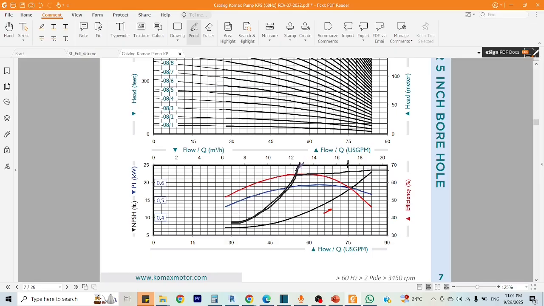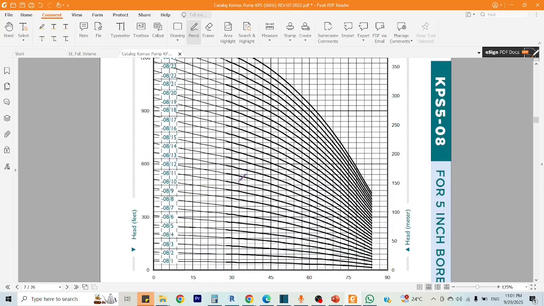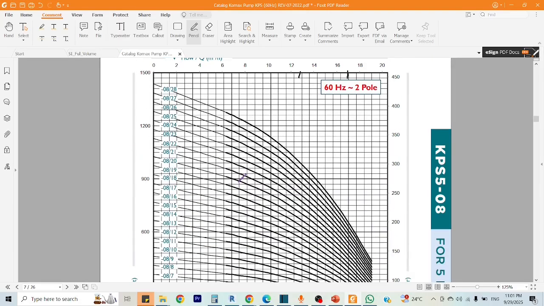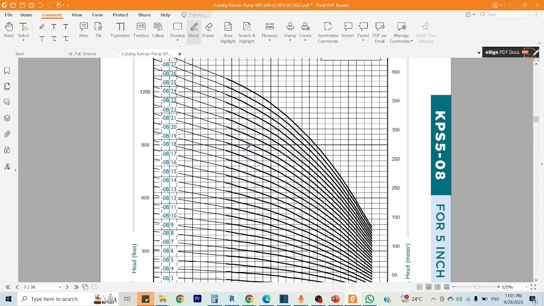So if our system is like this, we can choose this one. Whenever we have to buy a pump, we have to see all these factors, and then the pump we select will perform at its best efficiency and use less power.